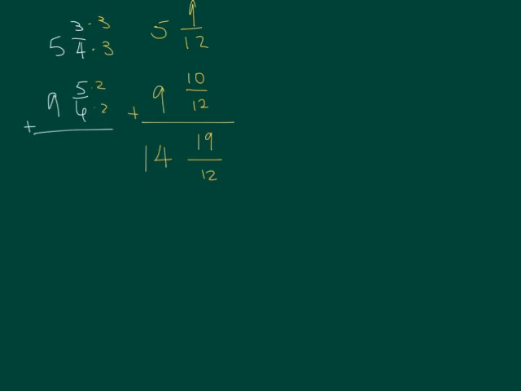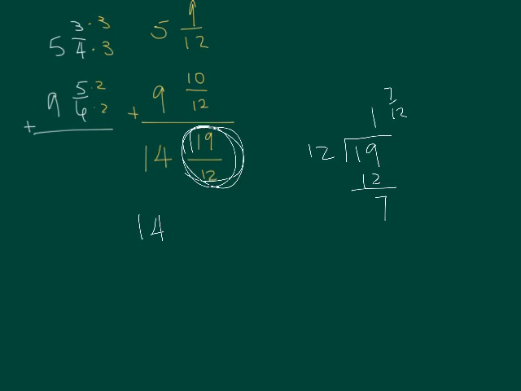So we're going to change this 19 over 12 into a mixed number. Remember, to change from an improper fraction to a mixed number, we divide. So we get 1 and 7/12. Instead of 19 over 12, we've got 1 and 7/12.